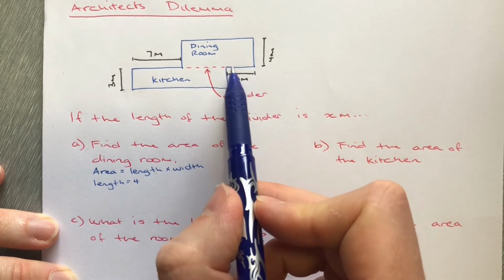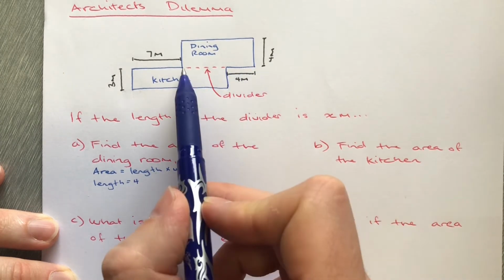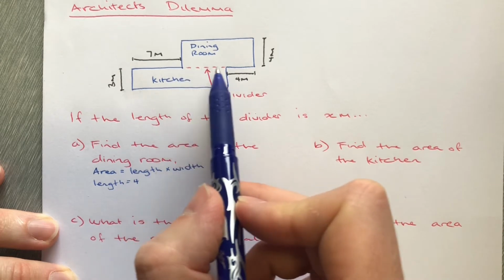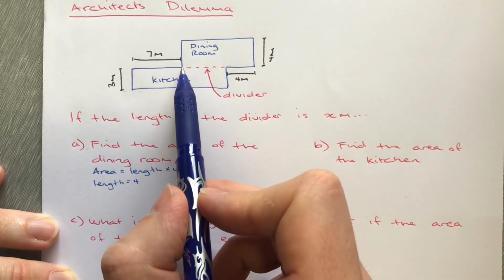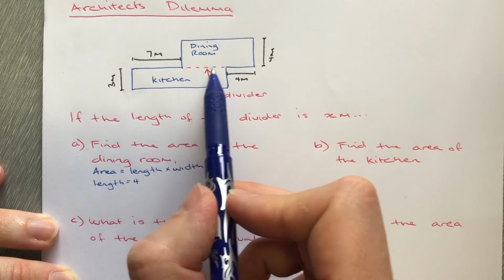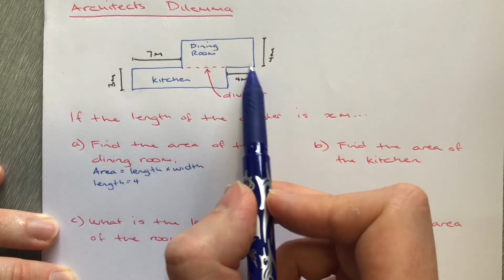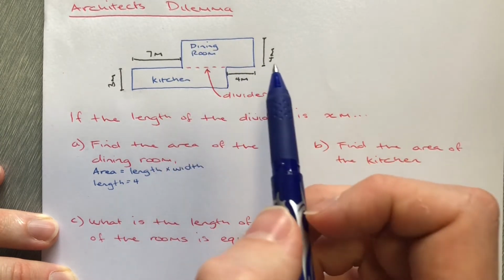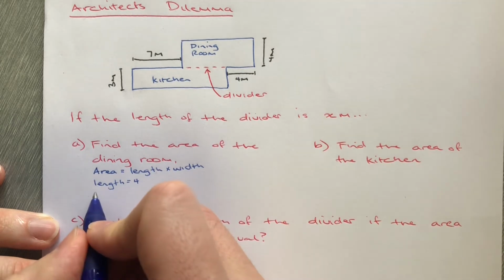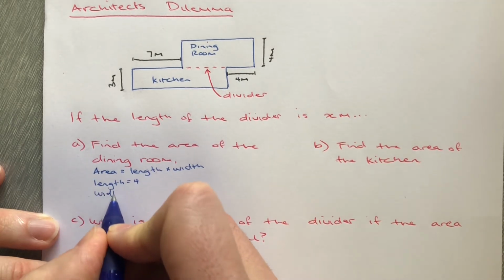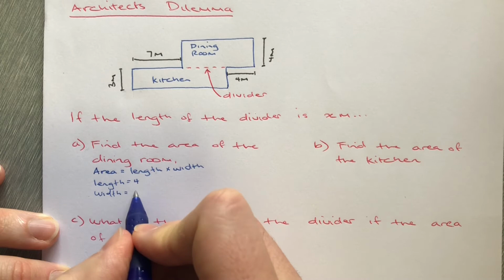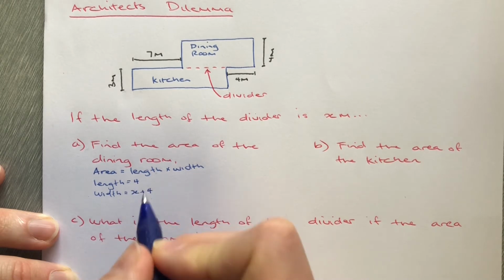So that bit's 4 meters. And this divider, that was x meters as well, wasn't it? So this bit from here to here is going to be x plus 4, isn't it? So the width it looks like is x plus 4. So let me write that down. Width equals x plus 4.